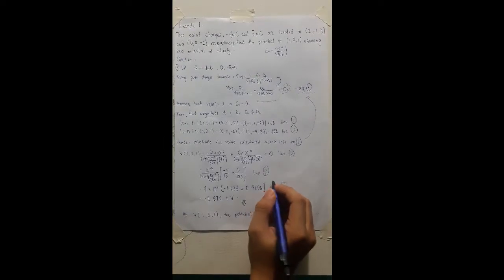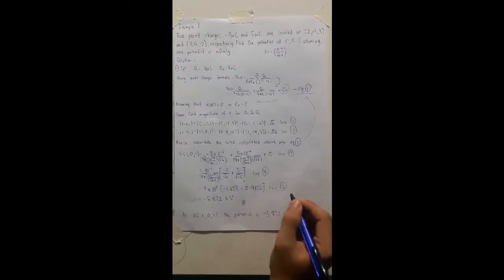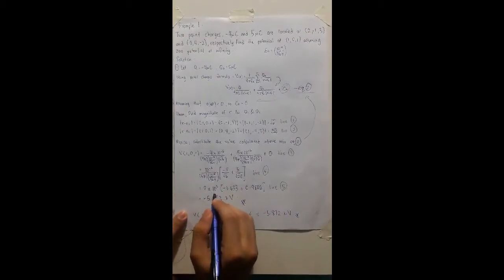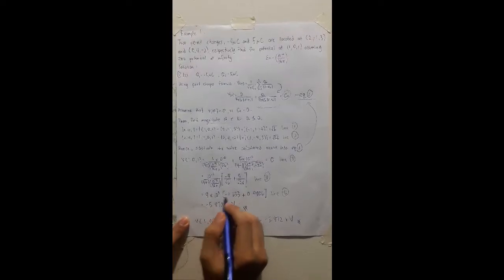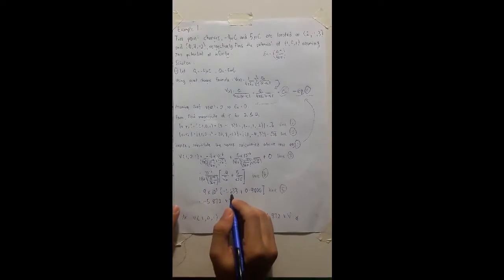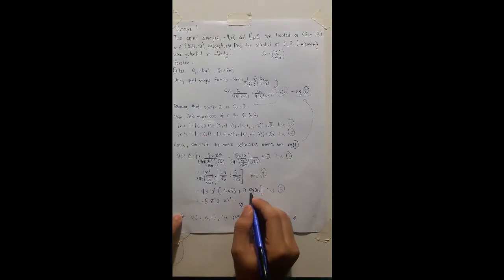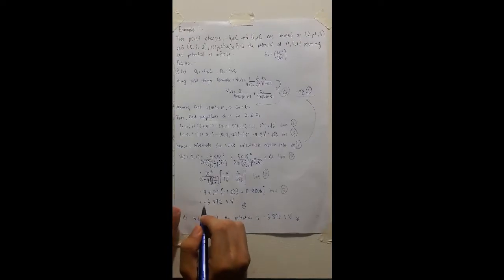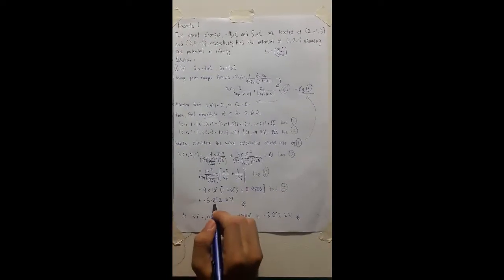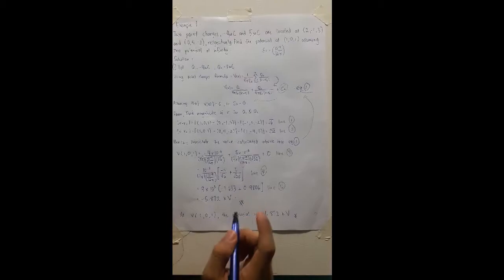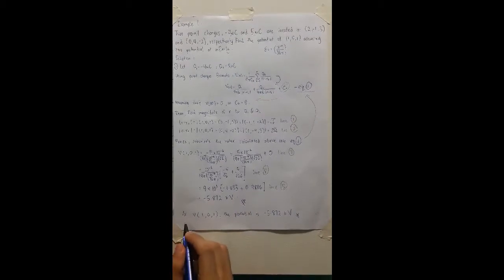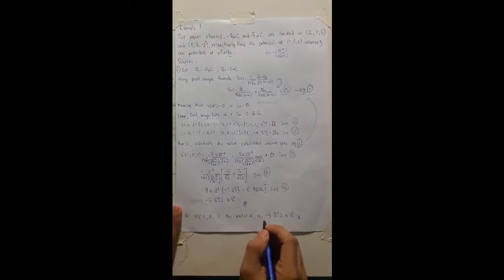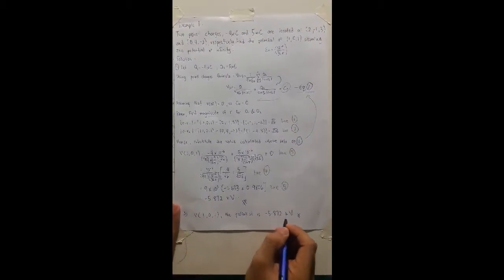Solving line 4, we get the equation at line 5, which is 9 times 10 to the power of 3 bracket negative 1.3633 plus 0.9806. So we get the final answer negative 5.872 kilovolt. So in this example, we conclude that at coordinate (1, 0, 1), the potential is negative 5.872 kilovolt.